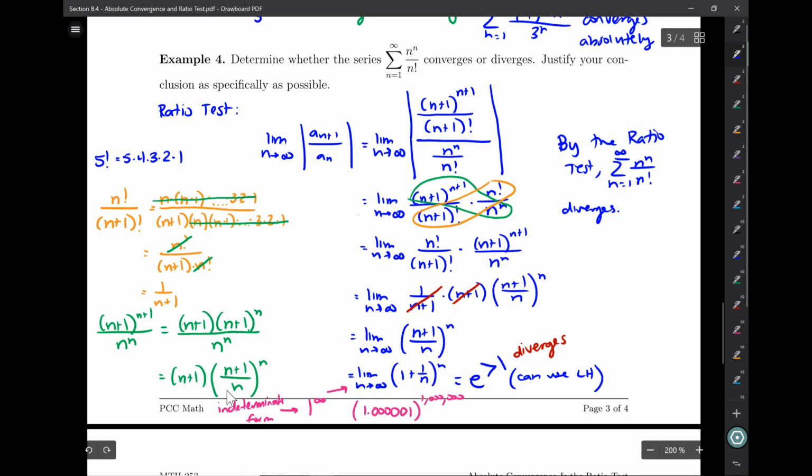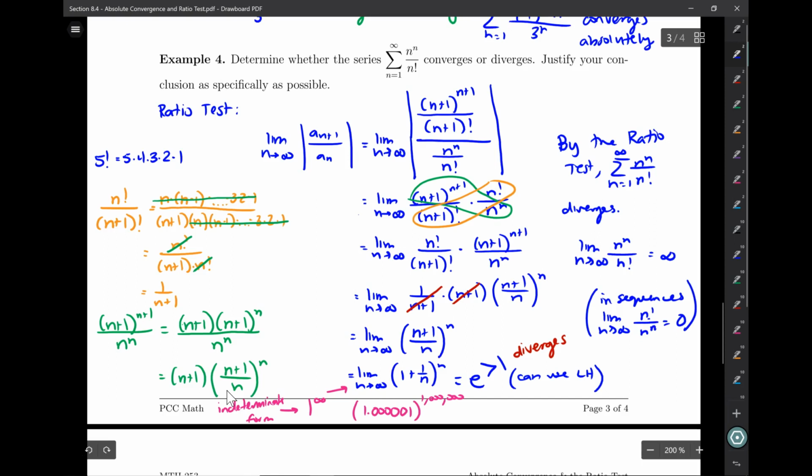Now, you can actually use the divergence test on this particular one also, because the limit as n goes to infinity of n to the n over n factorial is infinity. That is, n to the n grows faster than n factorial does. We showed in sequences that the limit as n goes to infinity of n factorial over n to the n equals 0, and we used the squeeze theorem to show that.